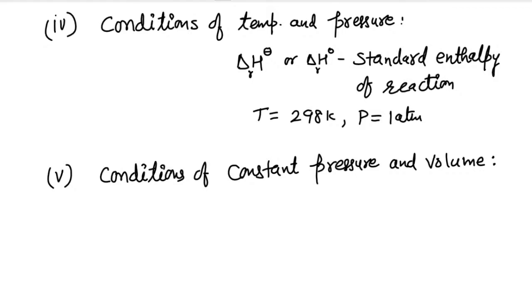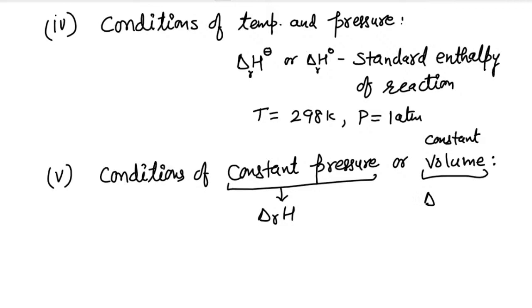In general, it is at constant pressure. Okay. So, the heat change at constant pressure is called enthalpy change of the reaction, or simply enthalpy of the reaction. And at constant volume, it is called change in internal energy.